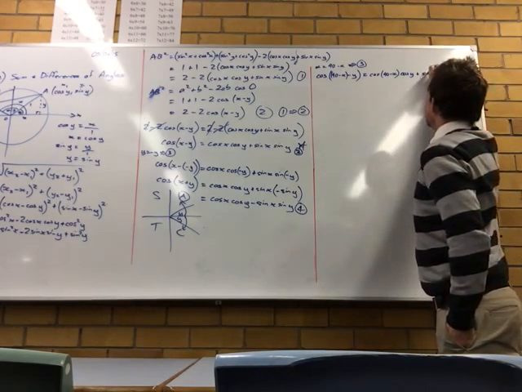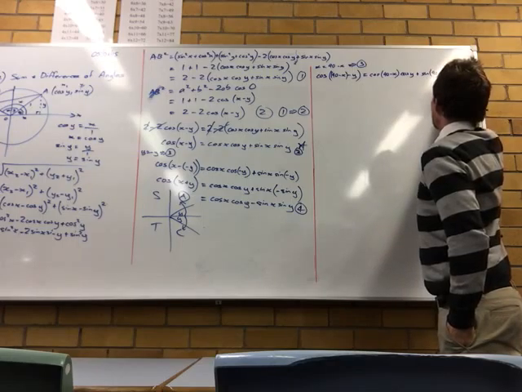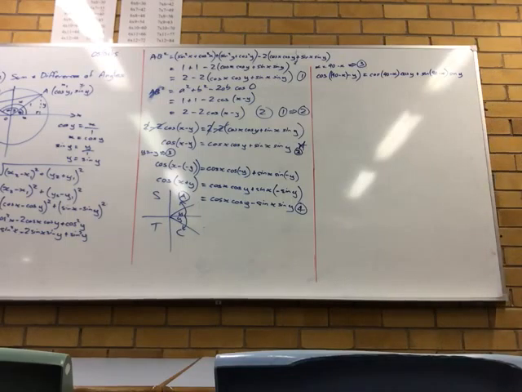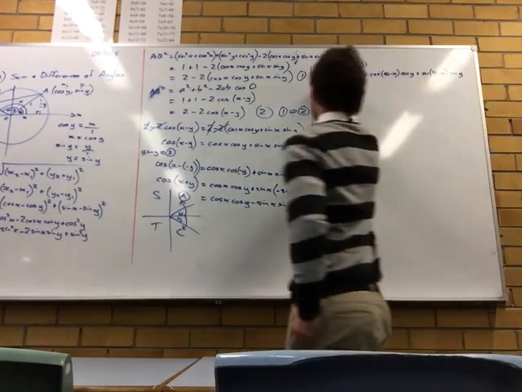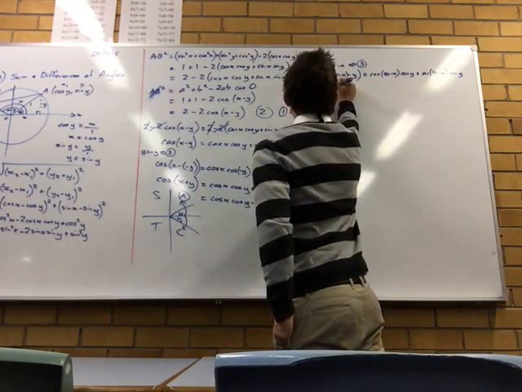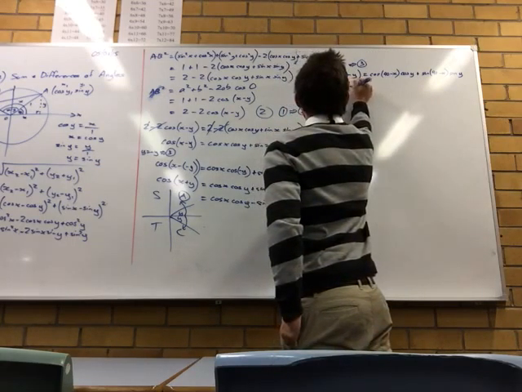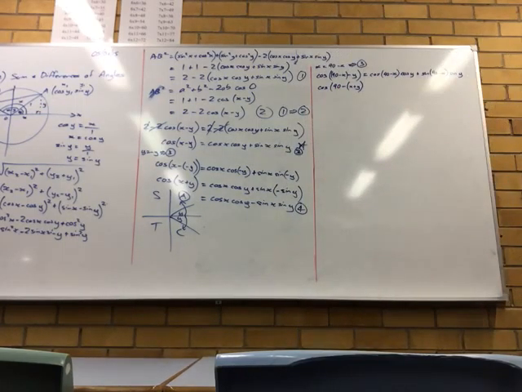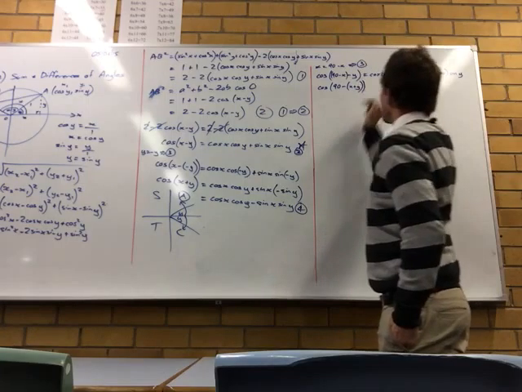And plus sine 90 take away x times sine y. Watching what happens here: cos of 90 take away x plus y. I have factorised the negative out of the x and y there, and that makes the sign between them a plus.